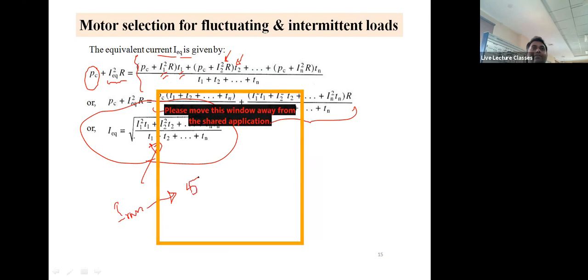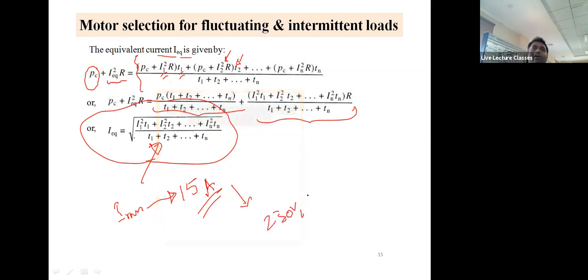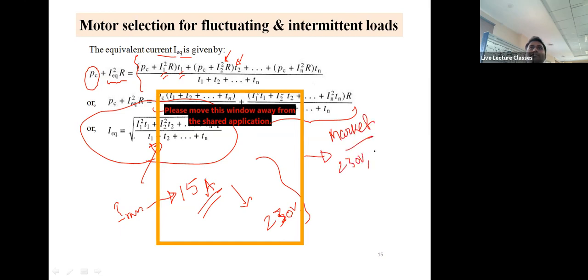So say this is 5 ampere. Suppose this is 15 ampere. Which rated motor should you find? Say 230 volt. Will you go for 15 ampere if it is not there? Say for this type of motor, 15 ampere 230 volt, you go to the market and the market has the following varieties.